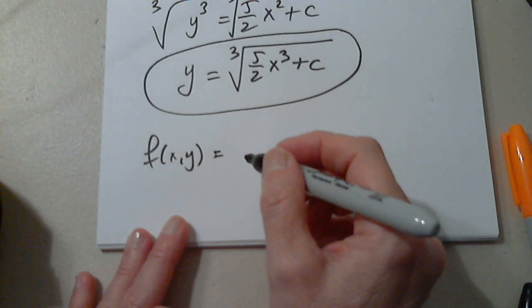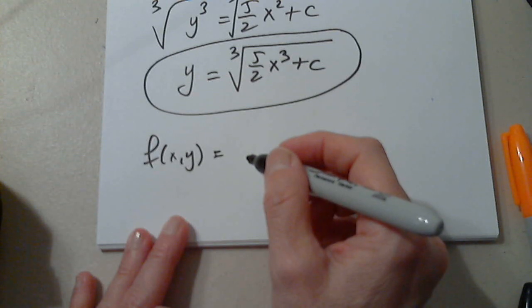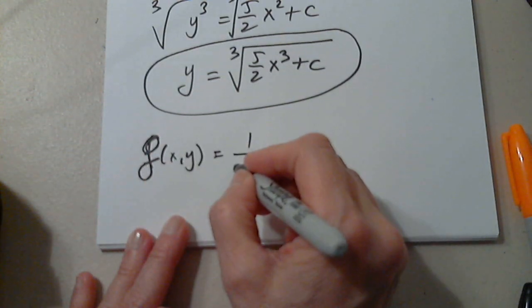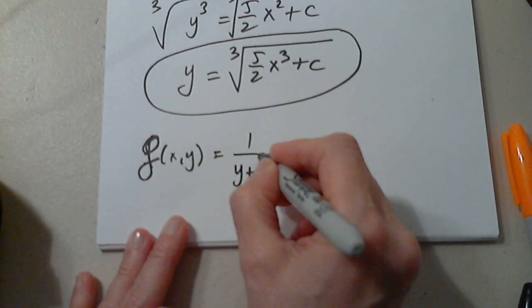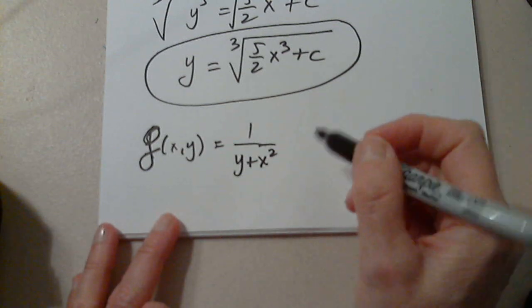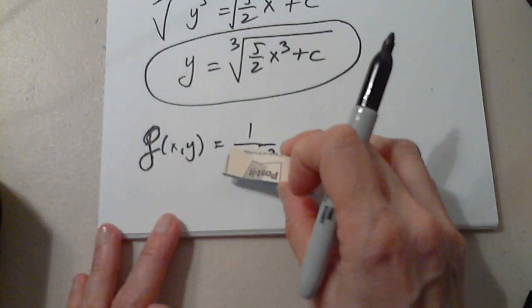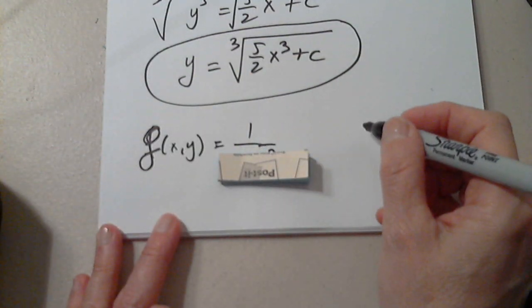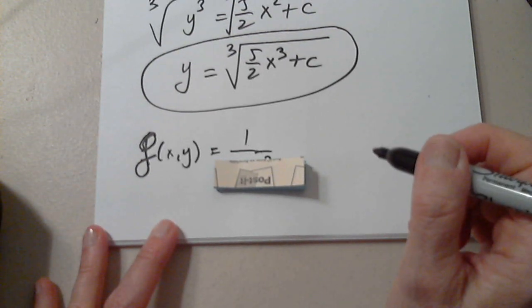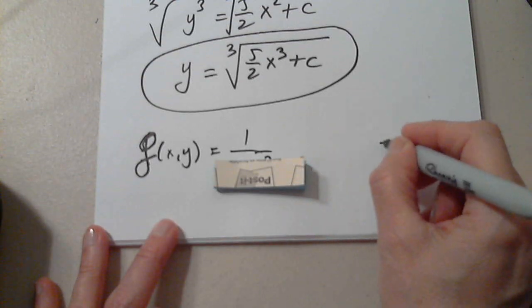Determine the domain of g of x comma y equals 1 over y plus x squared. That's it? Yep. Perfect. So, what is the only condition we have to state here? That the denominator cannot equal 0. That's it.